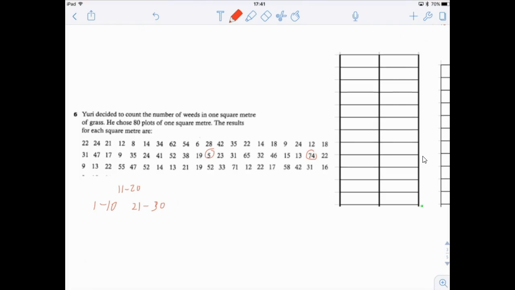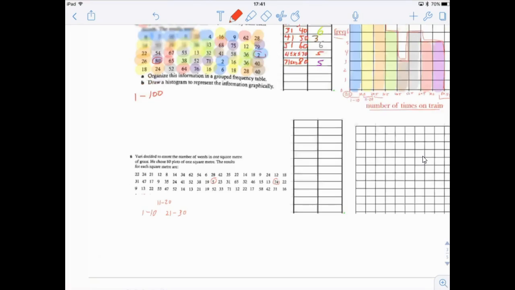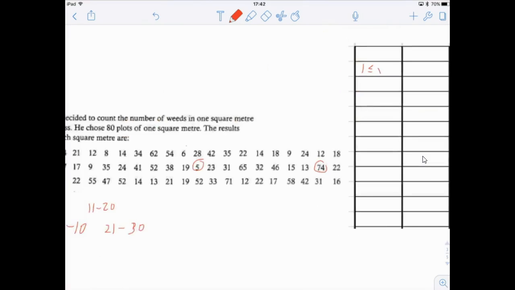Okay, so we're going to have the numbers like 1 less than or equal to x is less than or equal to 10, 11, 20, 30, 40, 50, 60, 70, 80, and then here we're going to have 21, 31, 41, 51, 61, 71, and in here we can put x is less than or equal to, less than or equal to.